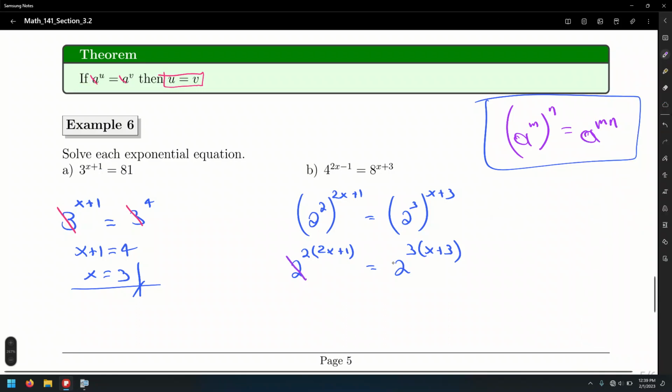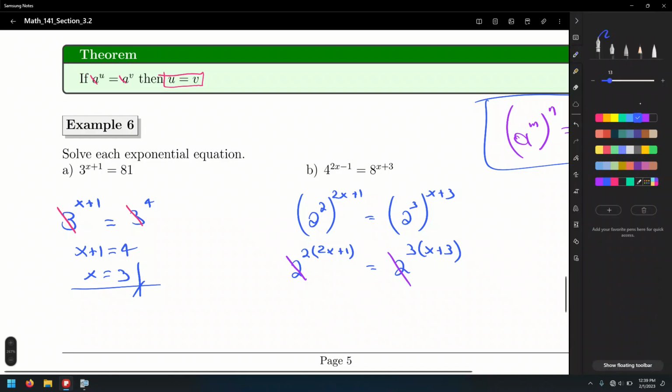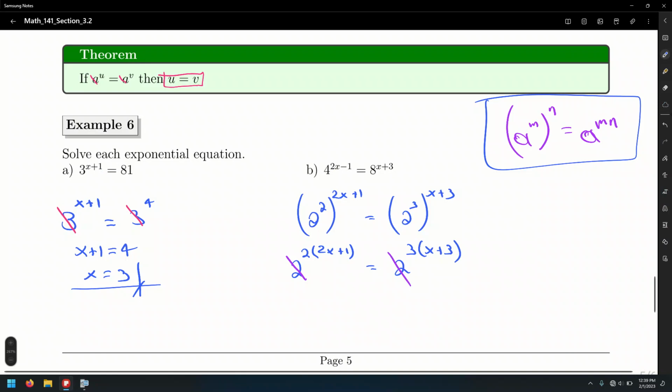We have the same base, and we will be able to simplify this equation. The exponentials are gone now, and again, we're going to end up with a simpler polynomial equation. It's a linear equation because all powers are 1. So let's forget about the exponential and focus on the linear equation.